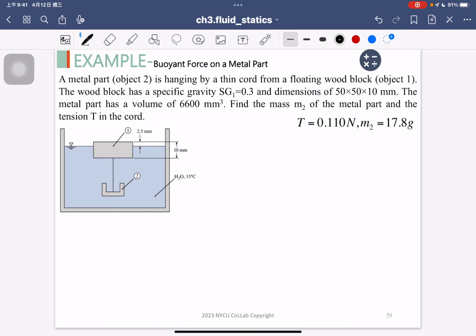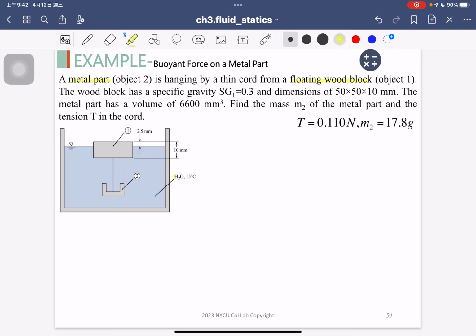For this question, we have two targets. The first target is the floating wood. The second target is the metal part, here.